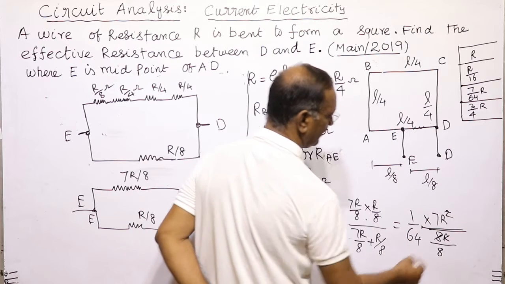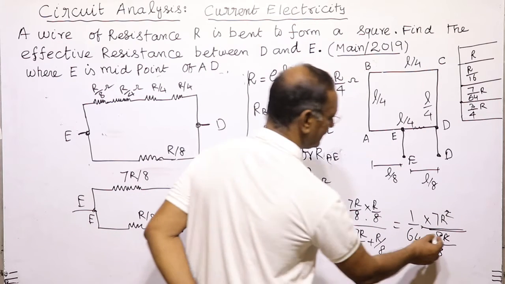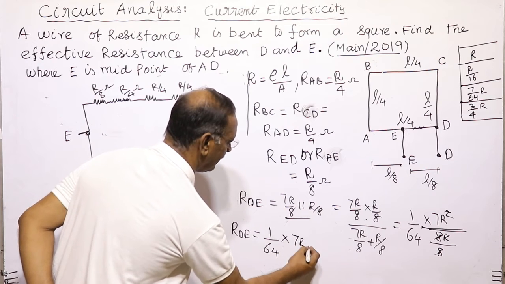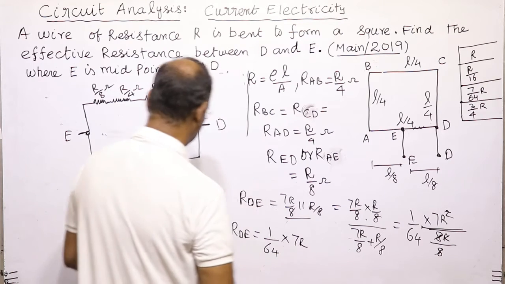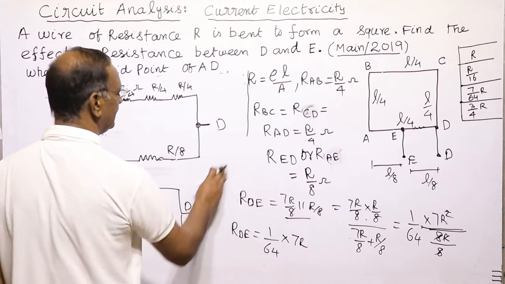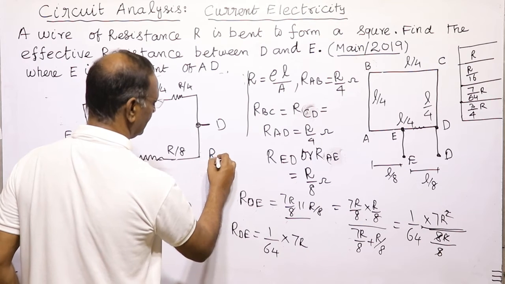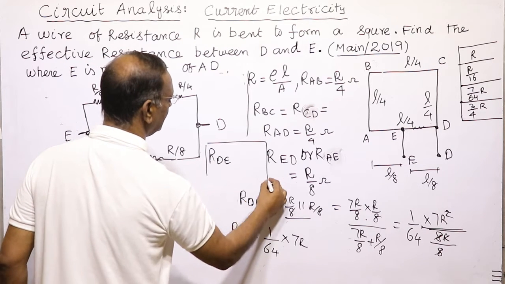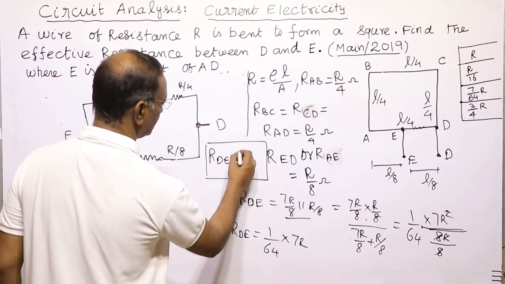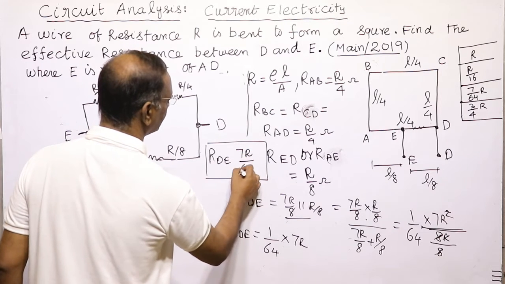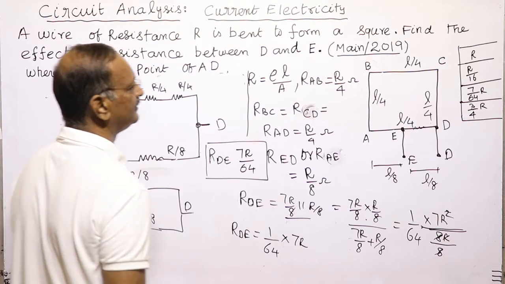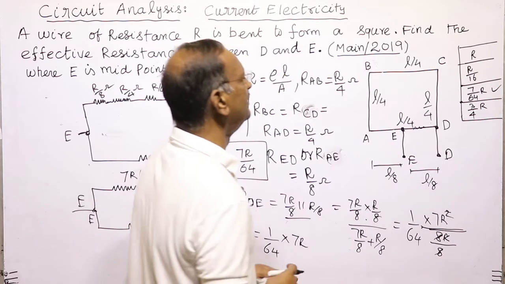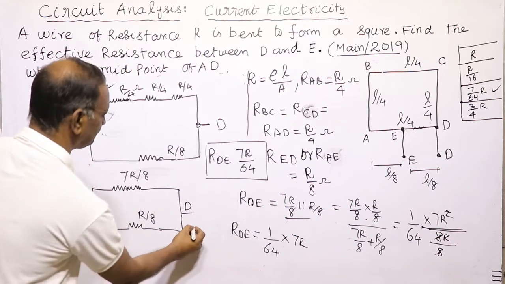R square and R get cancelled, 8 and 8 get cancelled. So the effective resistance between D and E is equal to 7R by 64. So I think yes, this is the right answer option. This appeared in JEE Main 2019.